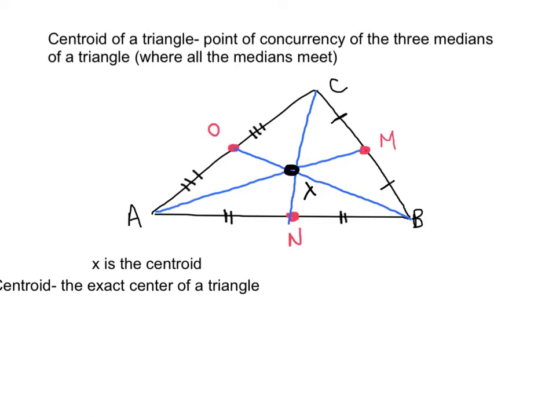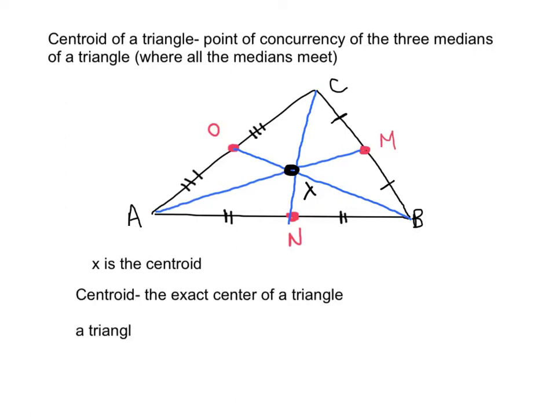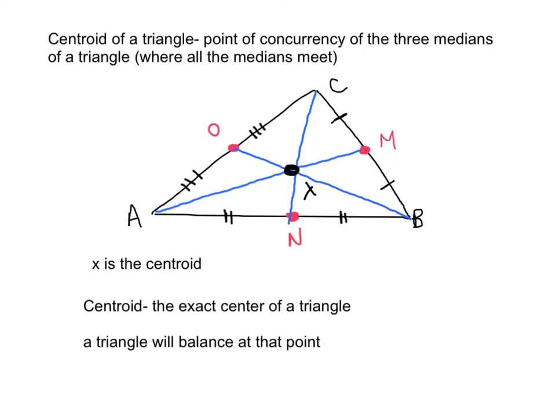A triangle will balance at that point. That's kind of a silly way of saying it, but if we were to actually hold triangle ABC and put it on a finger, if you put your finger on X, this triangle will stay centered on your finger, will not fall over. That is what a centroid is. It's the exact center of a triangle.